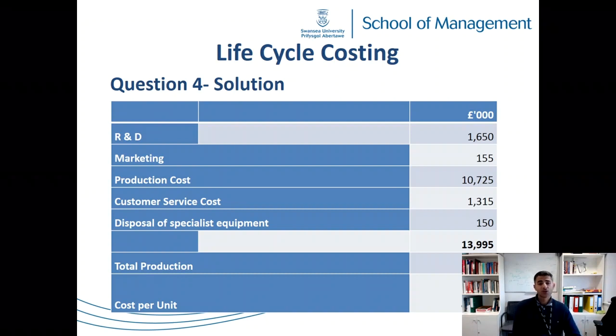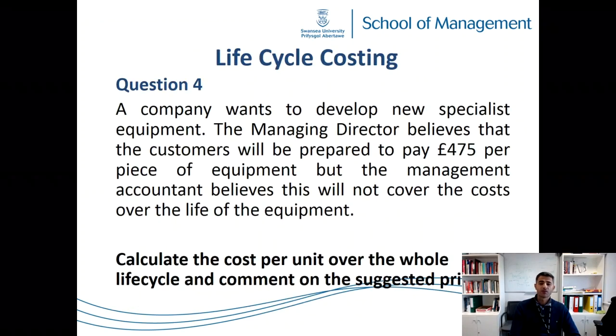482.59. So from this perspective, the financial controller is right in suggesting that we will not cover the cost at £475, which is the selling price per unit, because this is the only price the customer can pay.